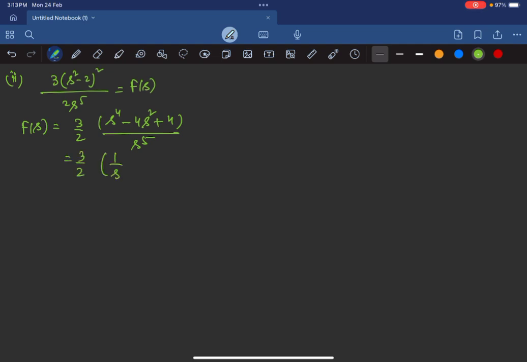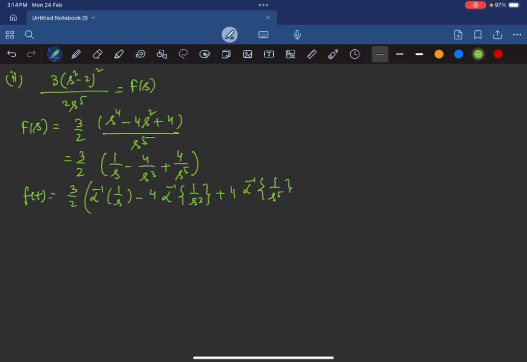So from here 3/2 times (1/s - 4/s^3 + 4/s^5). Now take inverse, that is f(t) equals 3/2 [L inverse of 1/s - 4 L inverse of 1/s^3 + 4 L inverse of 1/s^5].